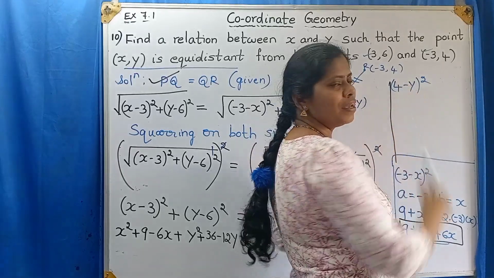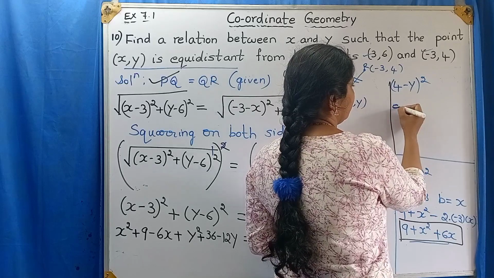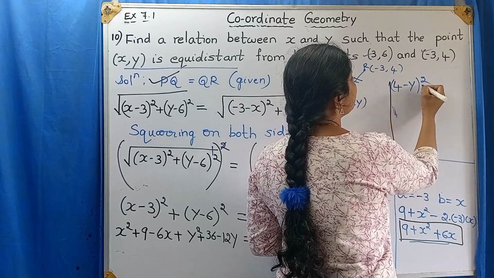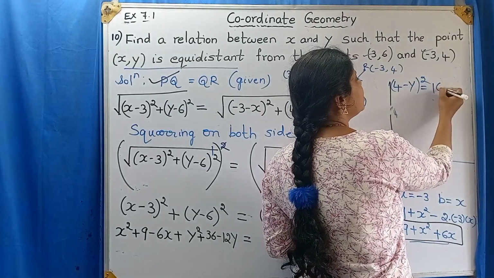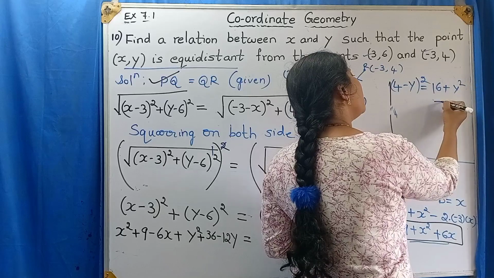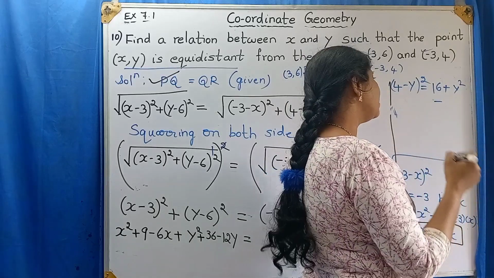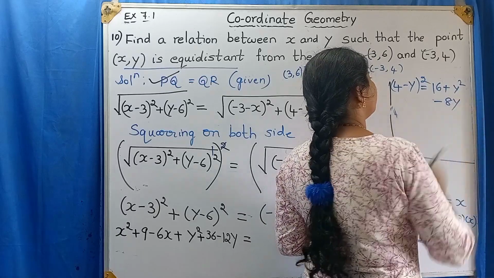And in the place of b, we have y. So, 4 minus y the whole square, we can write it as a square, that is 4 the square is what? 16. Plus b square, that is y square. Minus 2 into a into b, that is 2 into 4 is what? 8 into y.